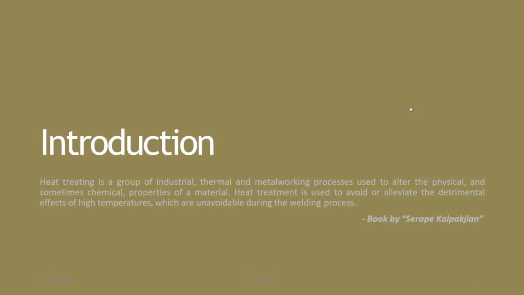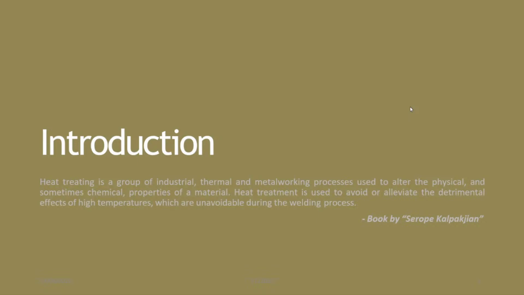Sometimes we change phases, sometimes we relieve stress or modify surface chemistry. In welding or hot working, high temperatures can create coarse grain and locked-in stresses. Heat treatment lets us repair and optimize.